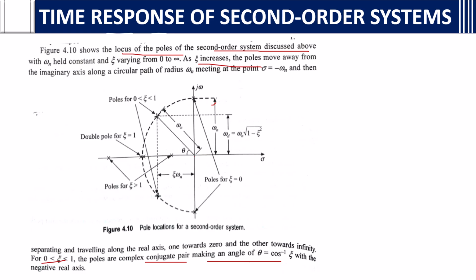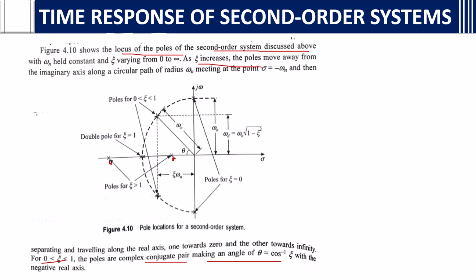As zeta increases, the poles move away from the imaginary axis. These are the poles. They are moving from the imaginary axis along the circular path as zeta is increasing, and meet at sigma equals minus omega n.